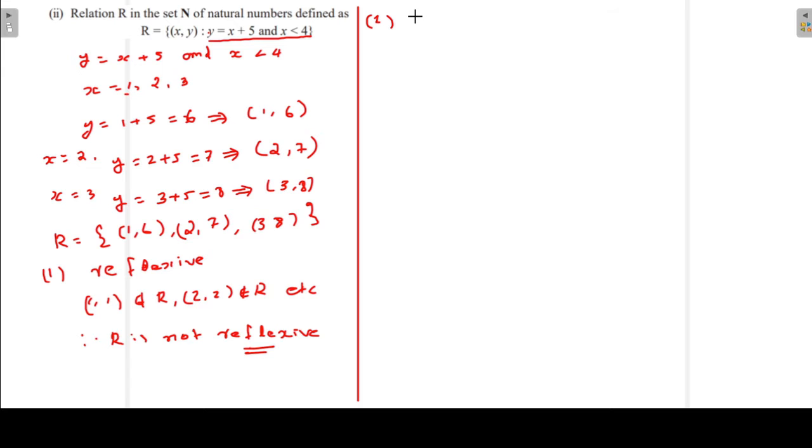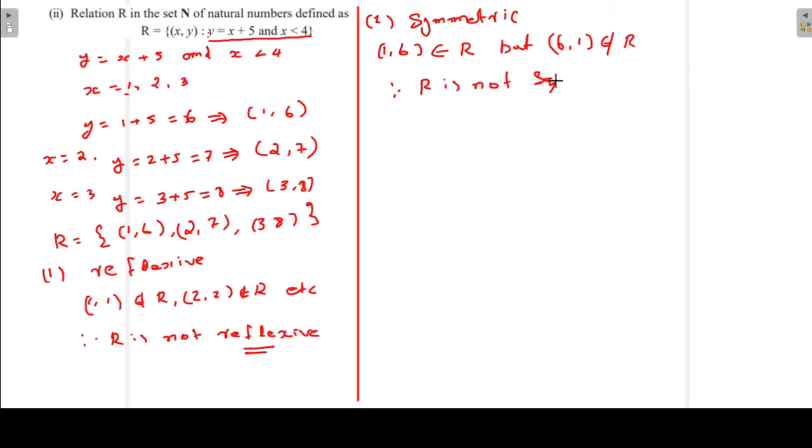Next, is R symmetric? You can take one point in R, (1, 6) belongs to R, but (6, 1) does not belong to R, therefore R is not symmetric.